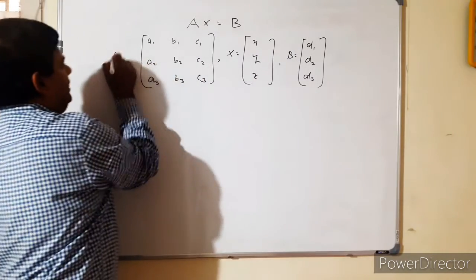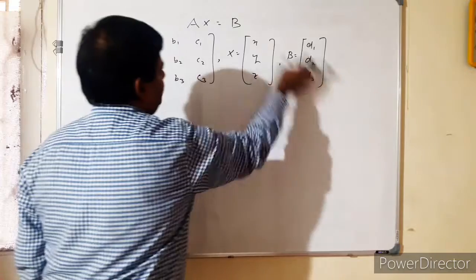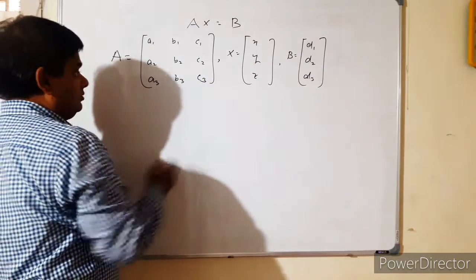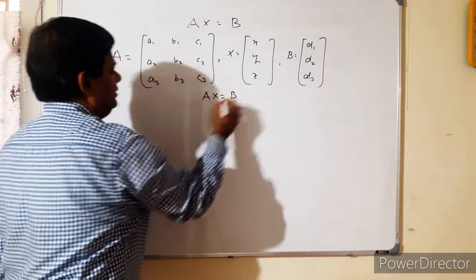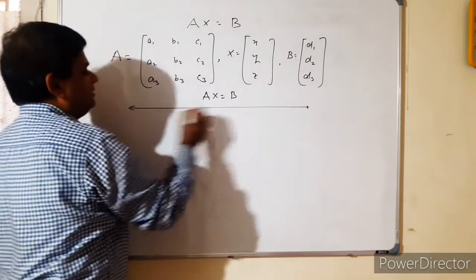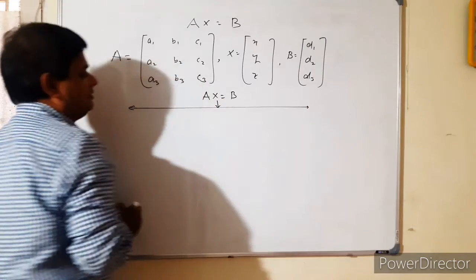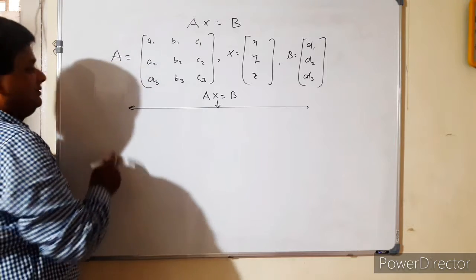When you multiply A and X, you get AX, and this one is B. So you have to find AX equal to B, and by using the matrix method, find the values of x, y and z.